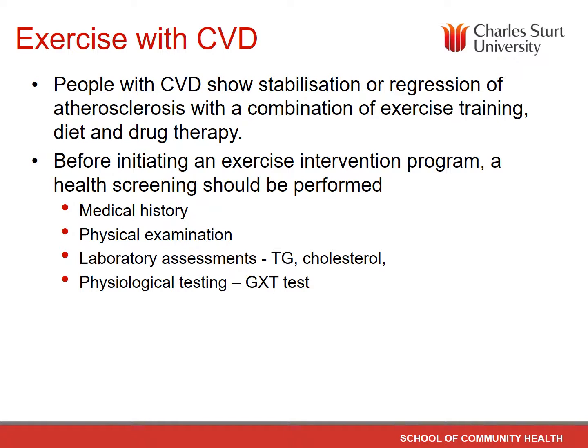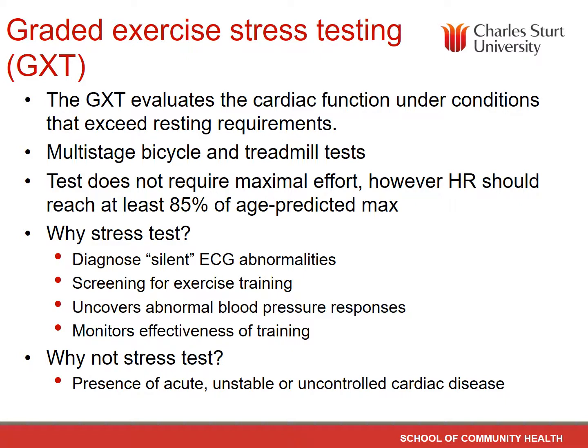And then physiological testing, which is usually performed by a cardiologist using a graded stress test. A graded stress test is symptom limited, performed in a laboratory. It evaluates the cardiac function under conditions that exceed resting requirements.